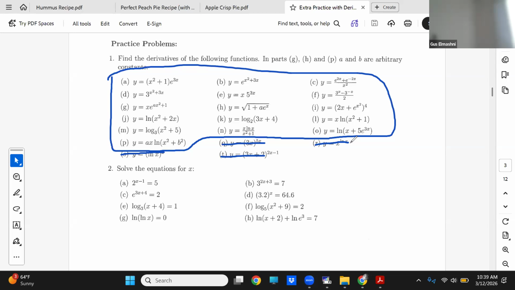Where's the power of 6? Nothing will consider that.